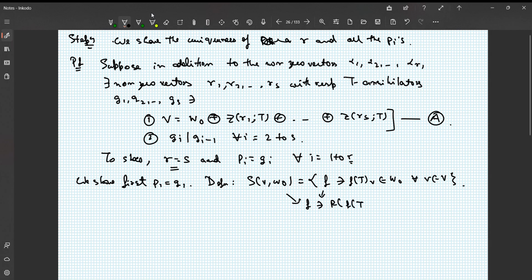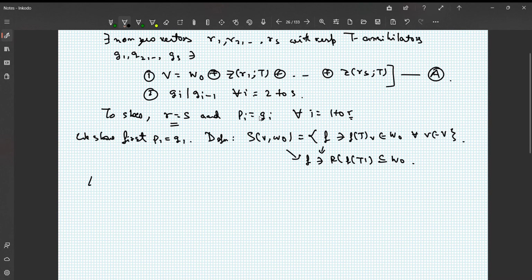I can also use this sort of a definition, that this set consists of those functions f such that the range of f(T) is inside W naught. Clear? So obviously it's a non-zero ideal of the polynomial algebra F[x], where F is the underlying field of V, so it should have a unique monic generator. We will clearly show that g1 is the unique monic generator.